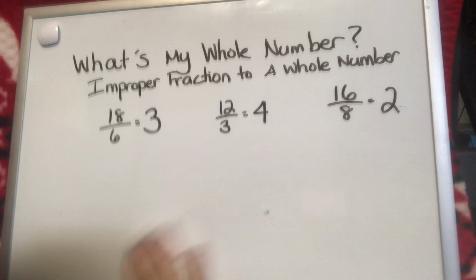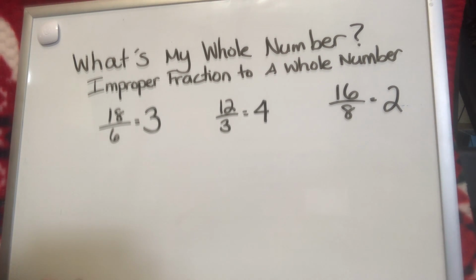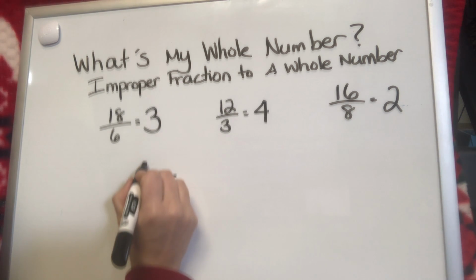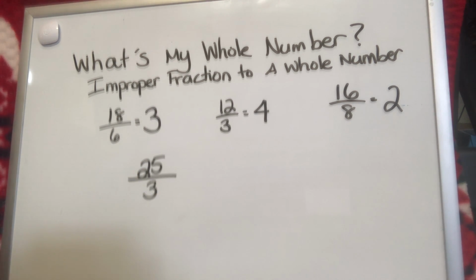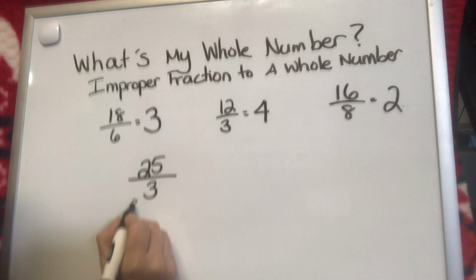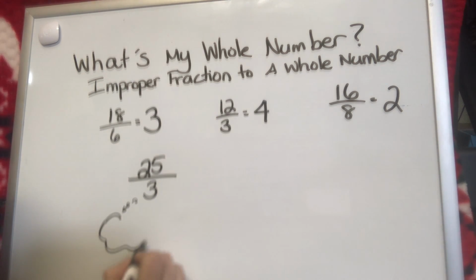Let's try 25 thirds. Okay, so I know that nothing times 3 equals 25. But, my think bubble, I do know that 3 times 8 equals 24, right?